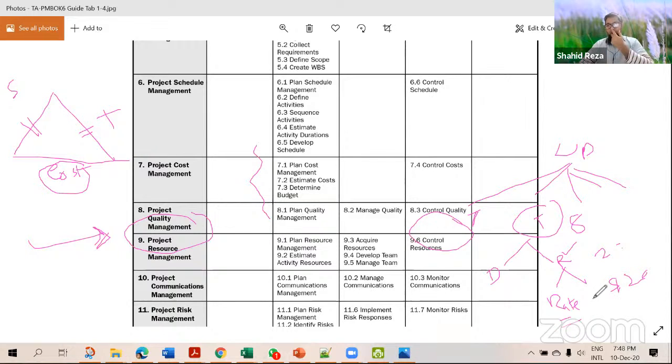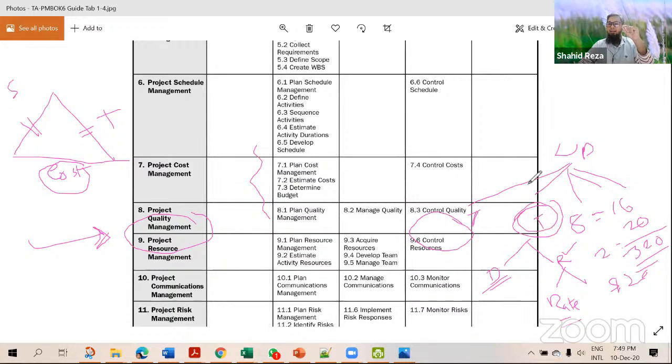If we know the rate, and we already know the duration from the schedule chapter, that is 8 hours, so 8 hours into two people, that means total 16 man hours. And every hour is $20. So if we multiply by 20, we will get $320. This way we can easily identify the cost for this task.